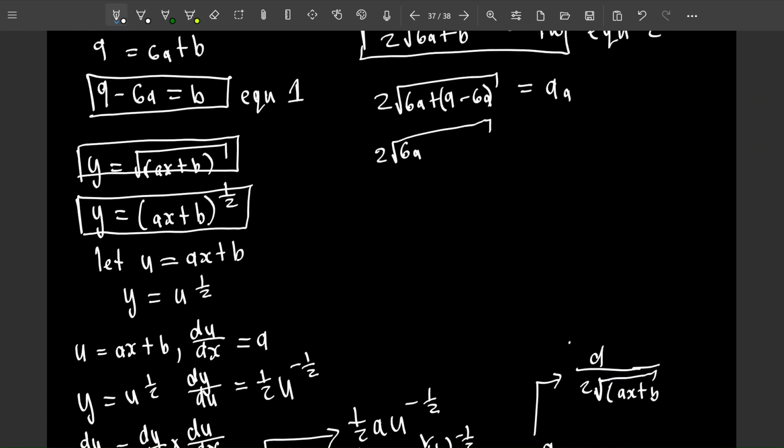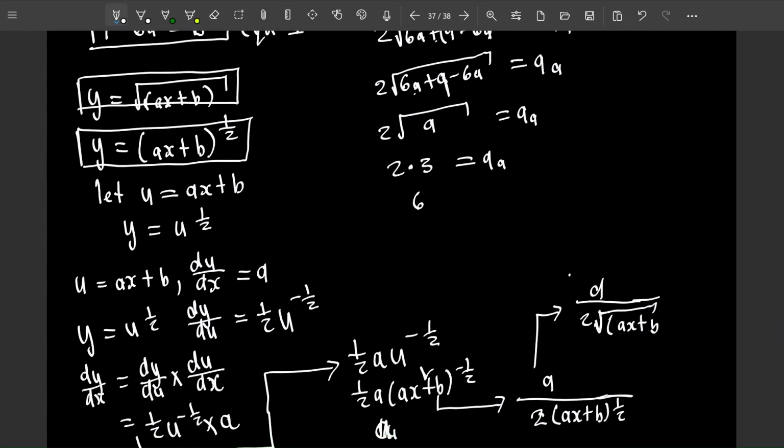This plus will be the plus 9, then plus minus, the signs are different, your answer will be negative. So minus 6a is equal to 9a. And then 6a minus 6a becomes 0. We have root of 9 is equal to 9a. What is root of 9? It is 3. So 2 by 3 is equal to 9a, 6 is equal to 9a.